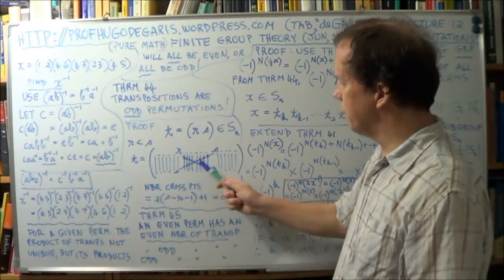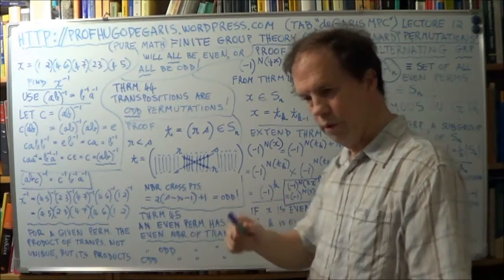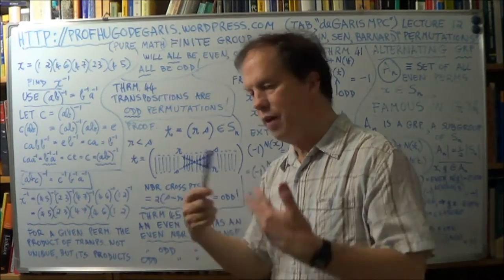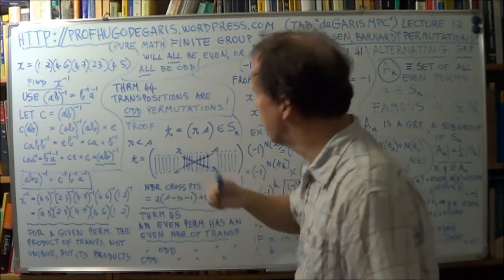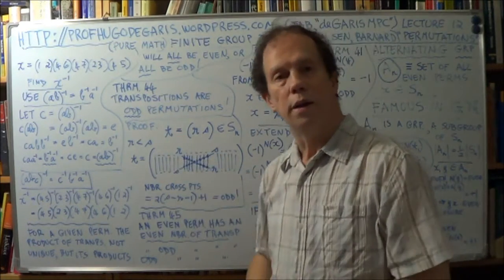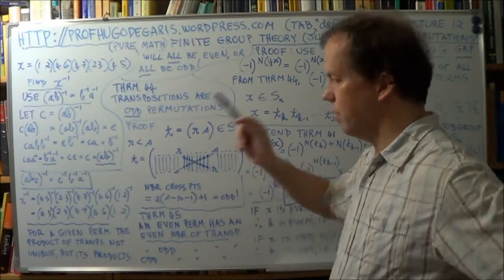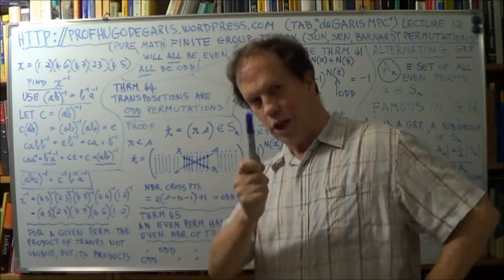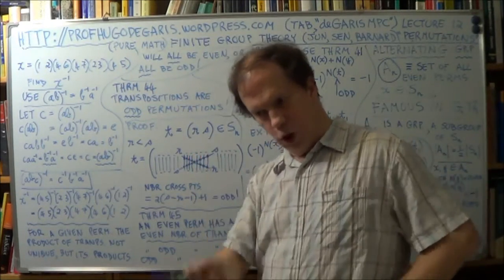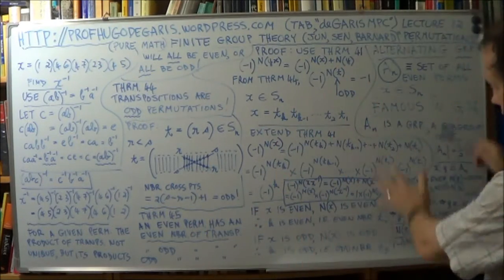So we proved the number of cross points is odd, and therefore the number of reverse pairs is odd, and therefore this transposition is odd. Okay? So we proved it. A transposition is an odd permutation. Remember that? We're going to use that later.